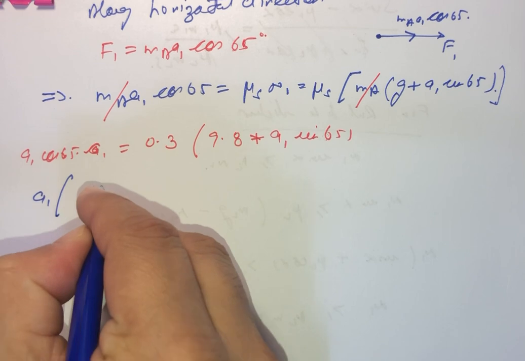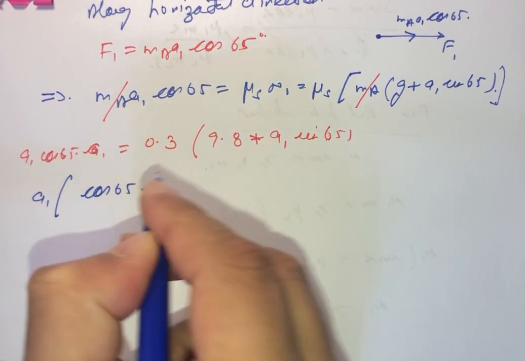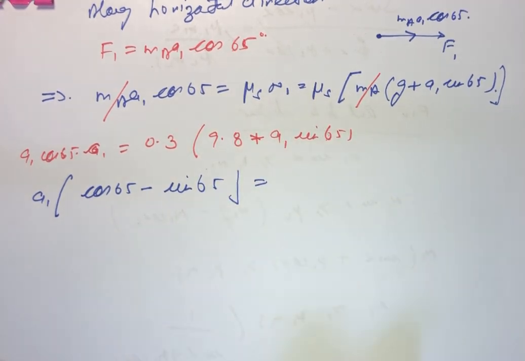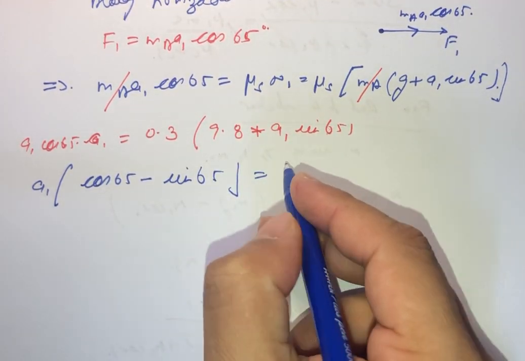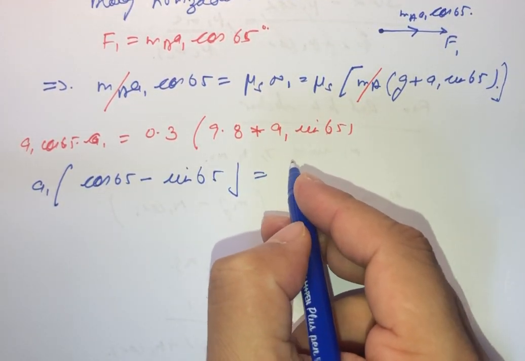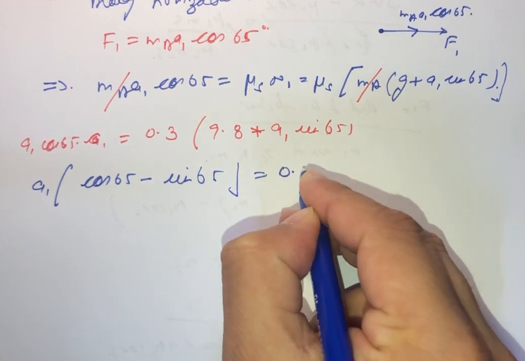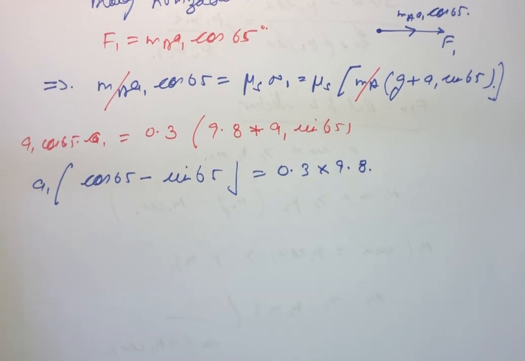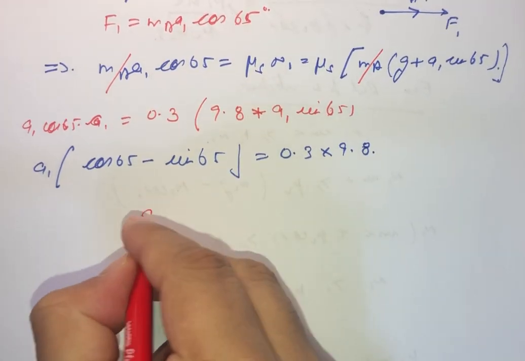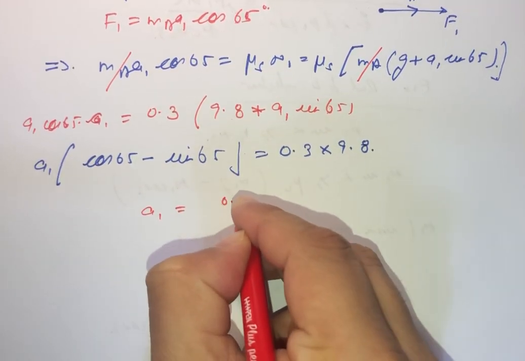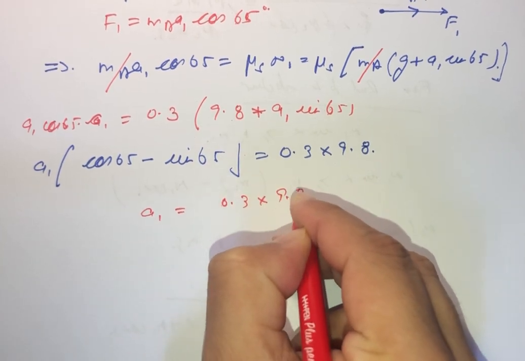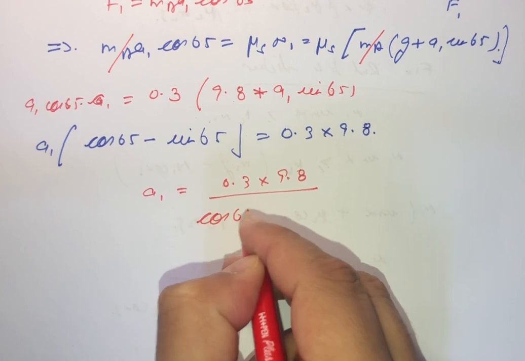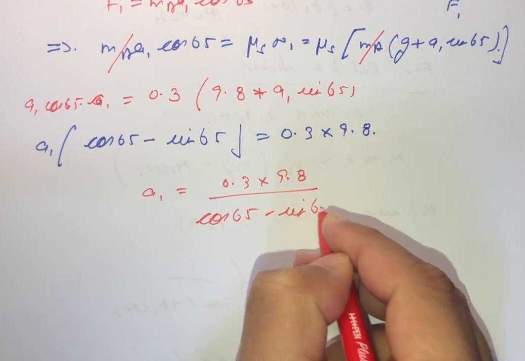We get A1 times cos of 65 minus sine of 65 is equal to 0.3 into 9.8, and A1 is equal to 0.3 into 9.8 divided by cos of 65 minus sine of 65.